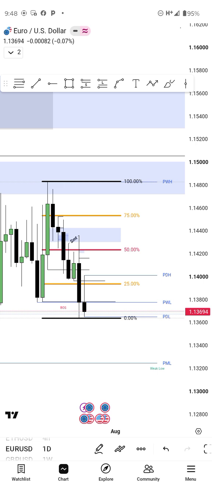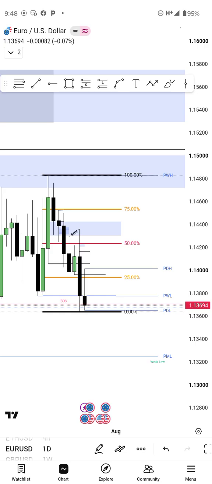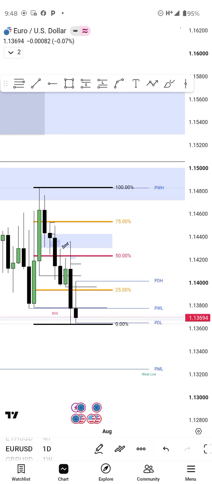Between GU and EU, GBP USD and Euro USD, GBP USD will give the highest probability trades than EU because EU doesn't have any point of interest in the daily. It doesn't have any proper inefficiency.